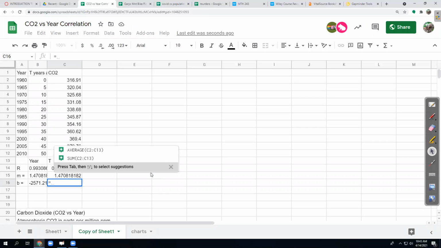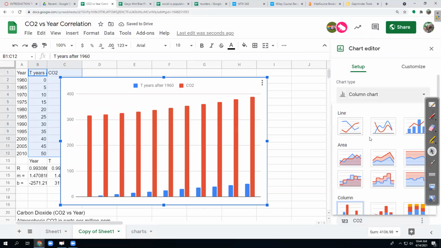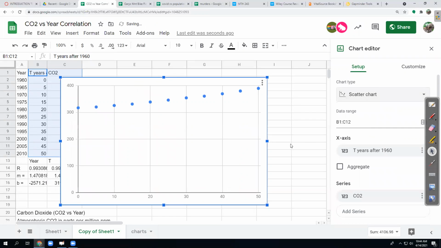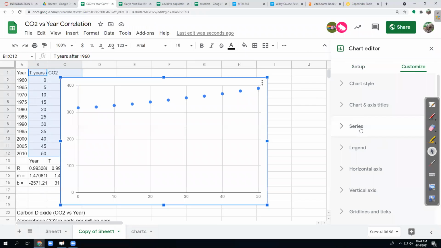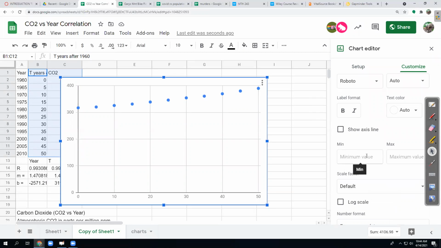I got a totally different number here. What does that y-intercept mean? If we graph this, it's going to look just like the other graph, except with different numbers on the bottom. I'll start the vertical axis higher, maybe at 300.